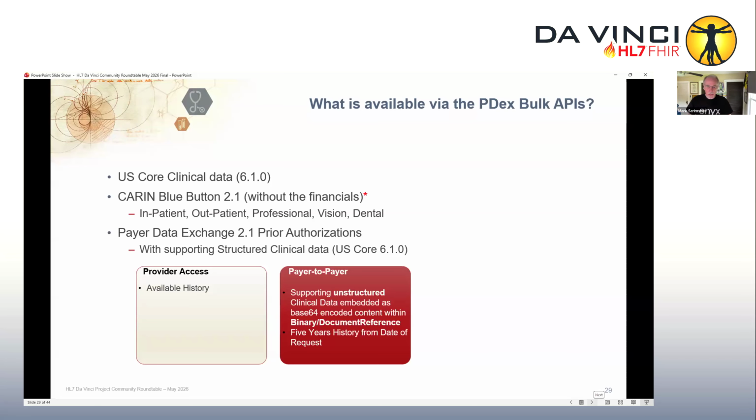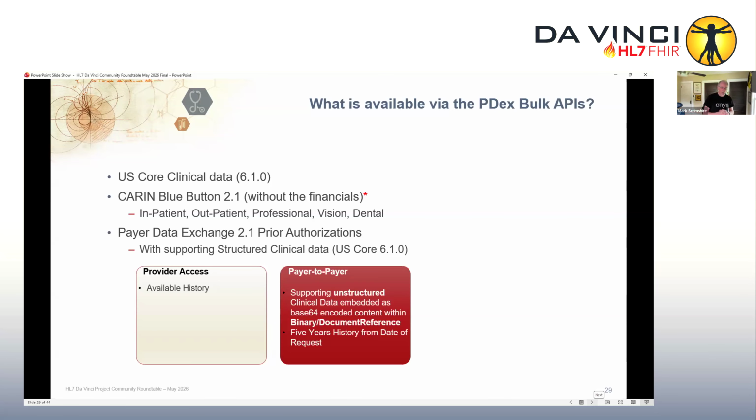In very simple terms, US Core includes a document reference. So effectively, you could have the unstructured documentation, think of it as a fax or an image from an X-ray, attached to a document reference and be exchanged through the standard FHIR protocols that we are putting in place with these bulk APIs. So there's the content of the payload that is typically in these bulk APIs.